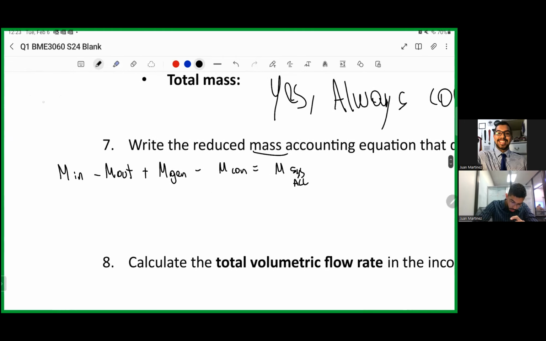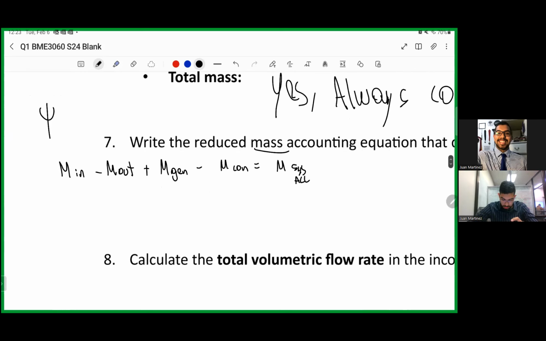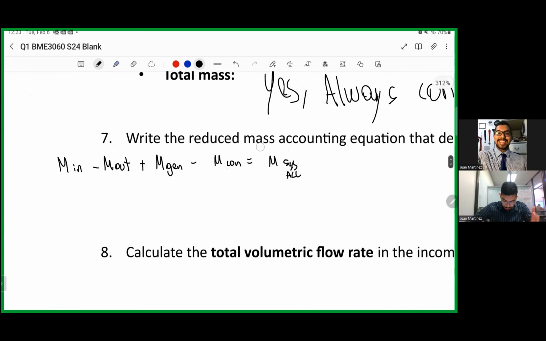We're not talking about the general case, we're talking about mass, so everything has to do with mass.